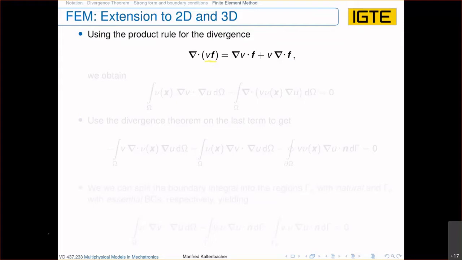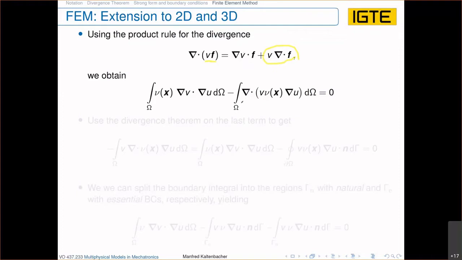Okay, so now we can use this and substitute it in the integral we had previously, where we had exactly this term in the integral. Perhaps you remember, I will just mark it. We had this term in the integral, and this term can be substituted by the divergence of the product minus the gradient of v dot product with the vector f.